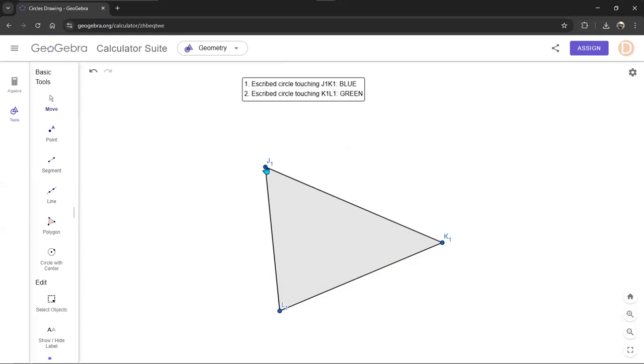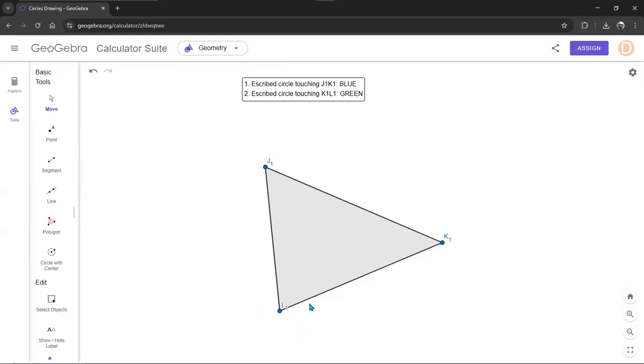So we have J1, K1 here. As you must have guessed, since this is the line of interest, we need to bisect the angle which is opposite. And opposite is like drawing the perpendicular bisector this way so that you can get the opposite, which is L1 now.